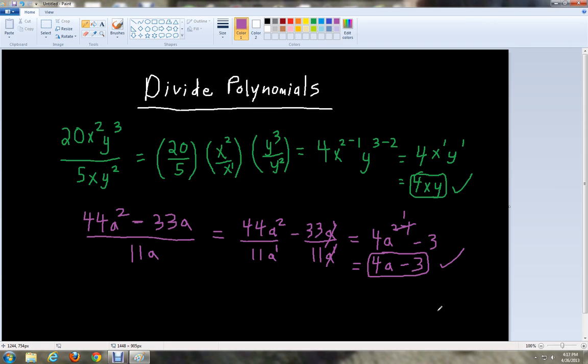Also, let's look at an example where you do division and there are negative exponents involved, and let's see how to resolve those kinds of problems.